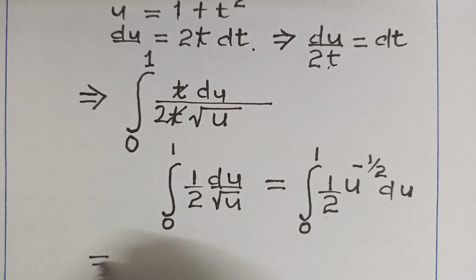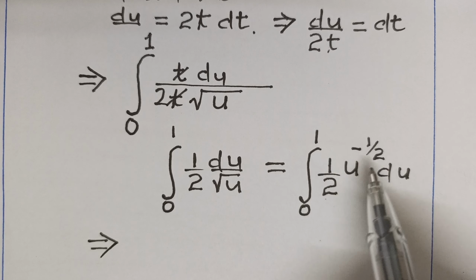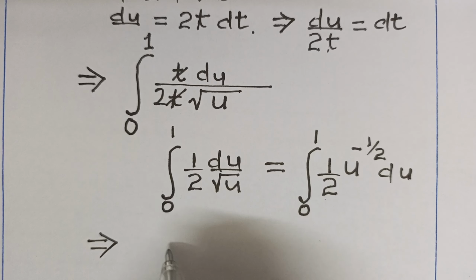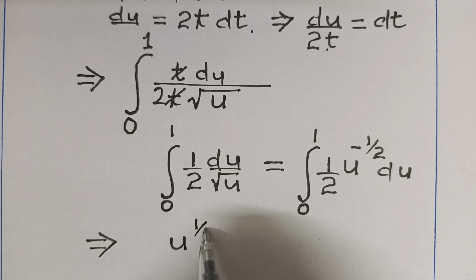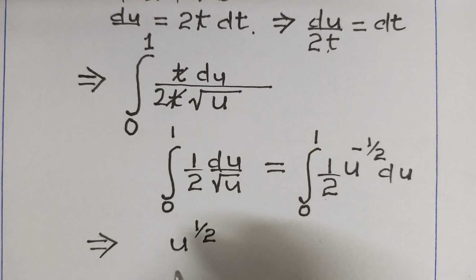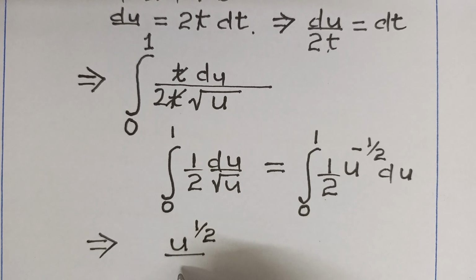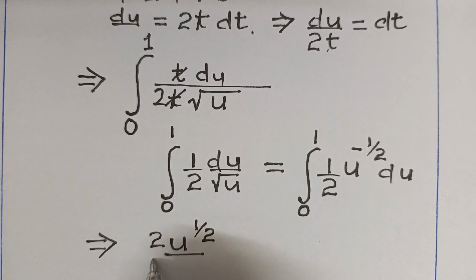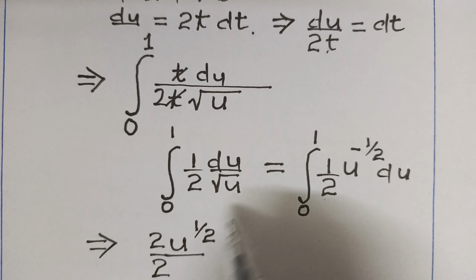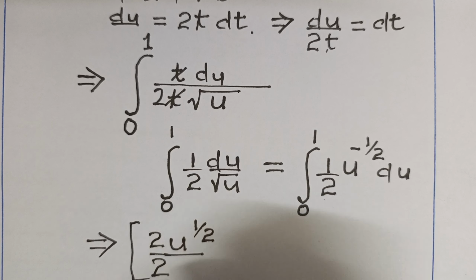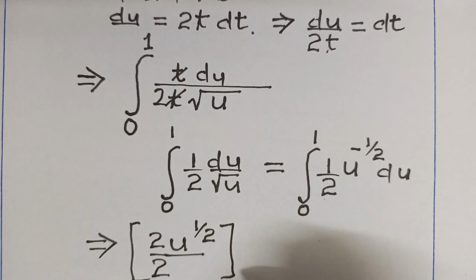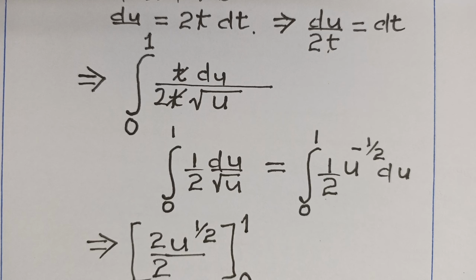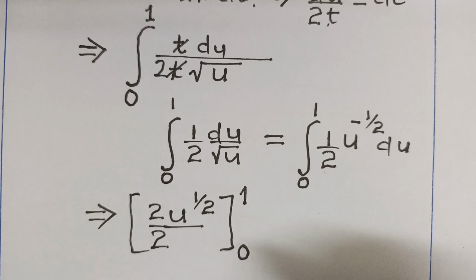Guys, now we can integrate u raised to negative a half. And that comes to negative a half plus 1 gives us u raised to a half, all over a half here, of which, guys, I can now put 2 here. And we have another 2 here, and cancel that and that. Now the limits are from 0 to 1. But guys, remember that u, we should replace it with t, because these limits are for t.